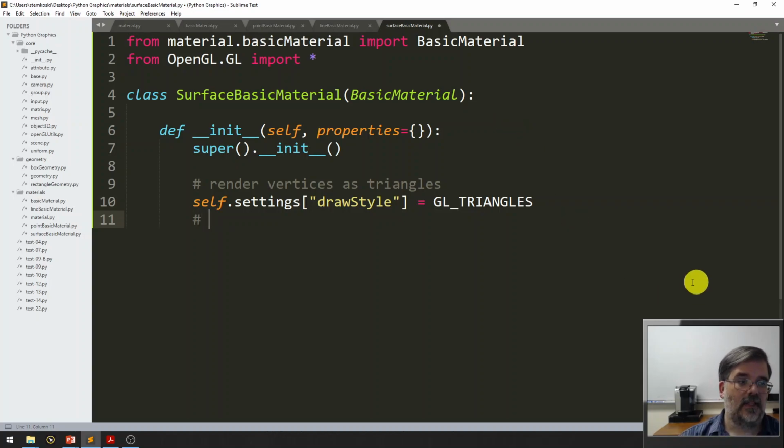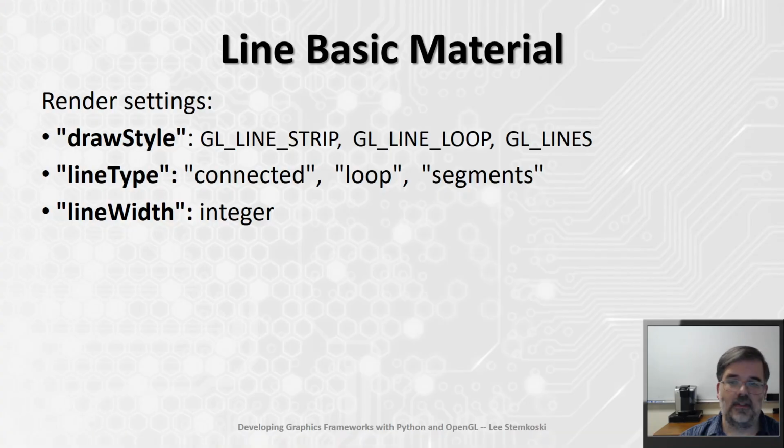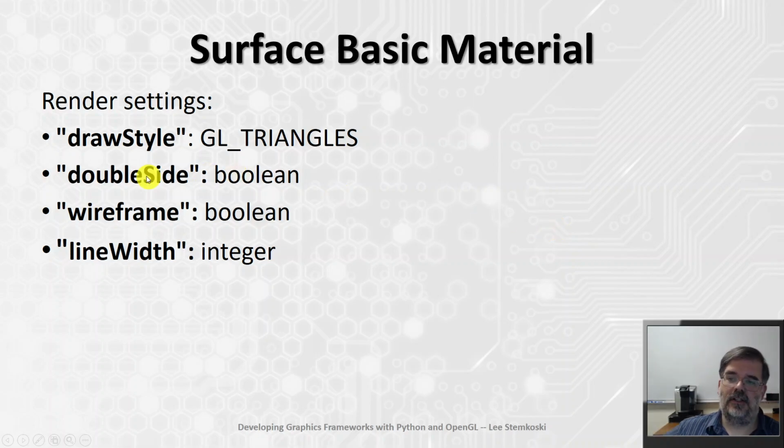Next question is, what other properties do we need? Let me go ahead and open this up again. Besides the draw style for a surface basic material, there's a few things we can do with surfaces. One thing is, are they double-sided? Often OpenGL, to improve performance and speed, will only render the front side of a triangle.